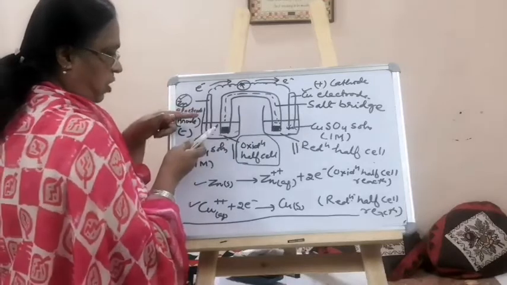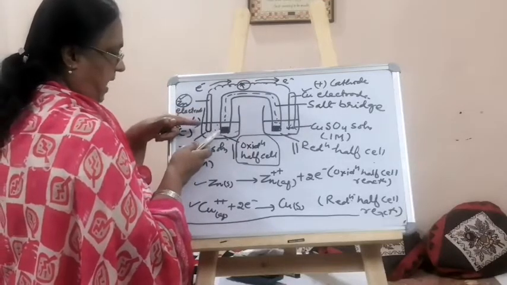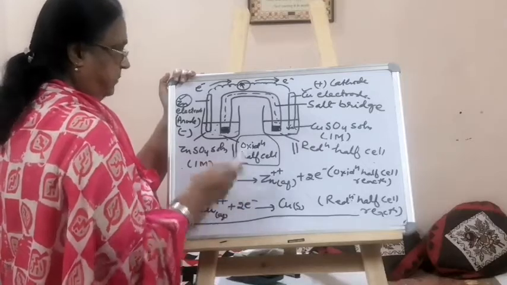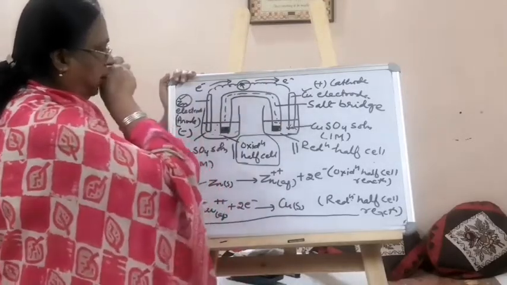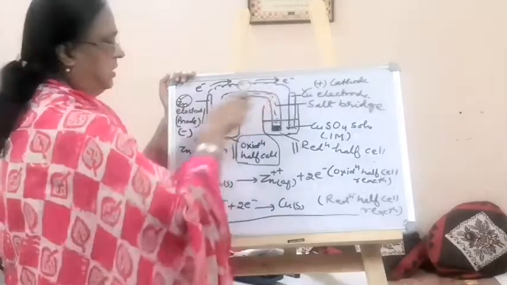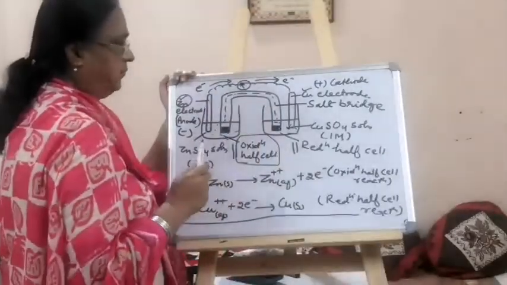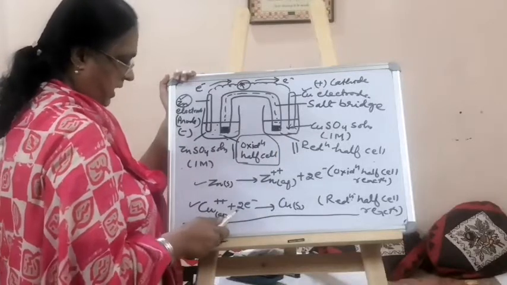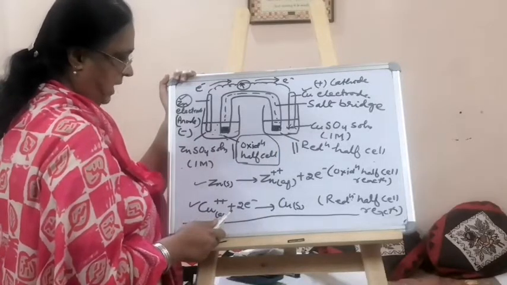As many electrons are released here by zinc, a metal when it is converted to zinc ion, pass through the wire, the external circuit, and come onto the copper electrode where a deficiency of electrons is there and are consumed by copper ion.